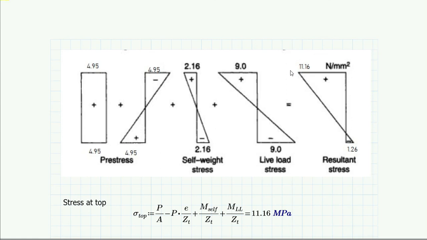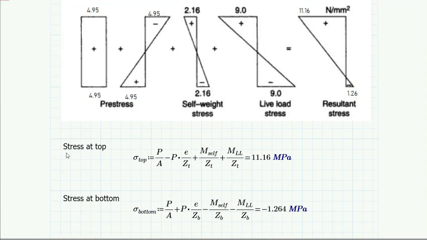That means at the top you are going to get compression after combining all the effects, and at the bottom, 4.95, which is positive, plus 4.95 minus 2.16 minus 9, which will give you 1.26. That means there will be a small amount of tension, having the value 1.26.